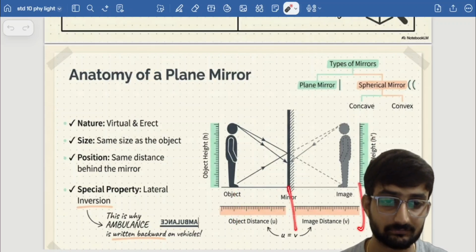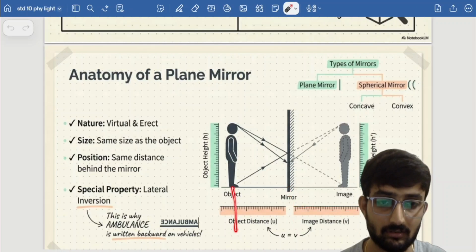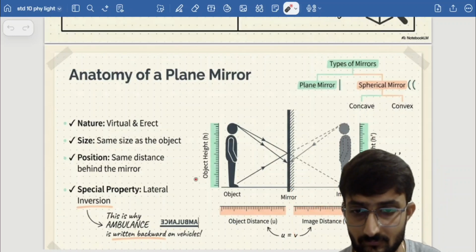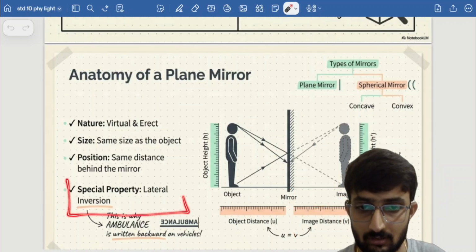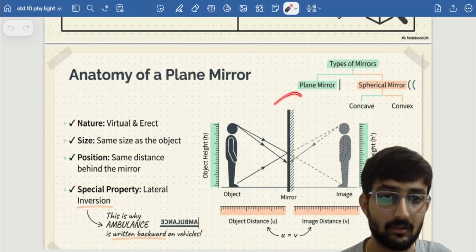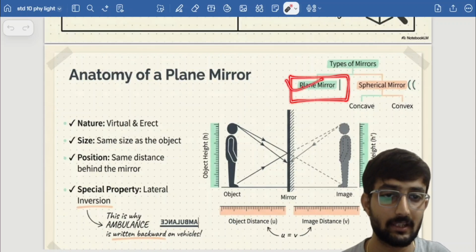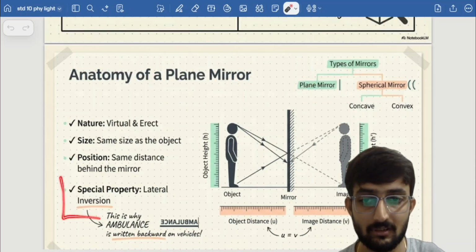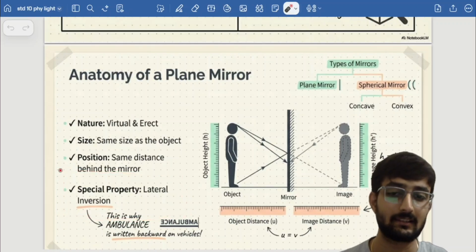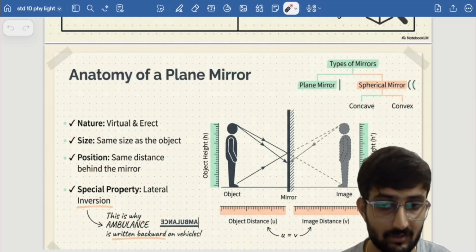Okay, the distance from the mirror to the object is equal to the distance from the image. Here is the special property of the plane mirror. We are talking about one type of mirror, that is the plane mirror. The plane mirror has one special property, and that is known as lateral inversion.